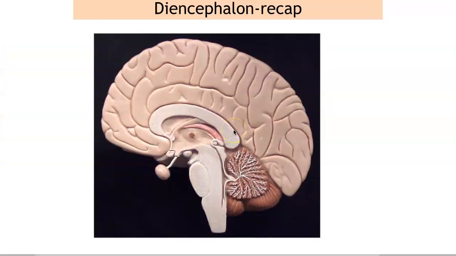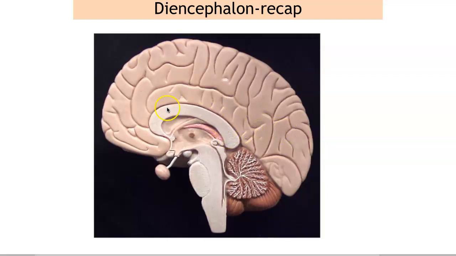So this is the classroom model. So easy to see on this guy, but I want you to be able to see it not only on any drawing, but on a real brain. Once you figure out where it is, you should be able to identify the diencephalon no matter what image I show you.